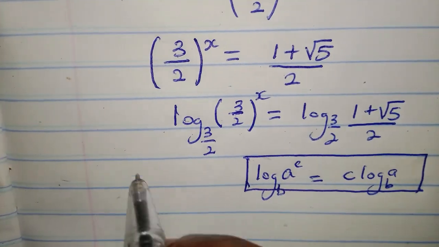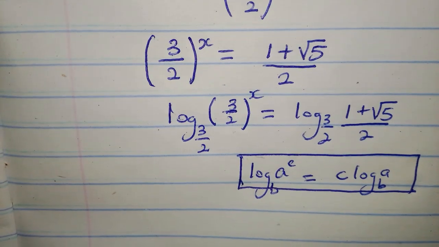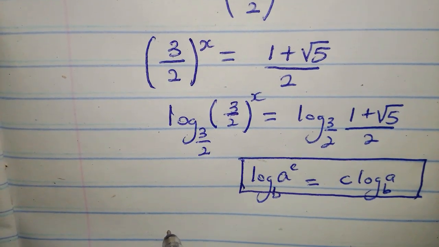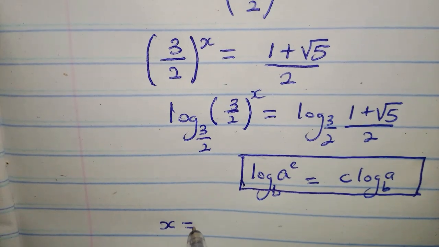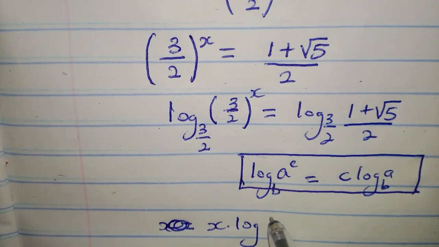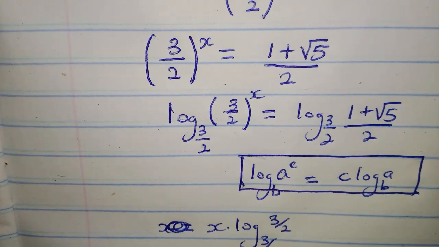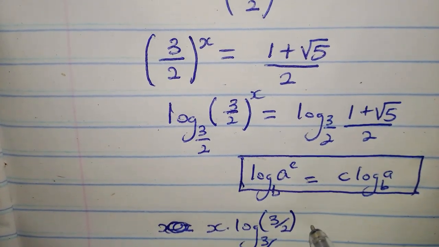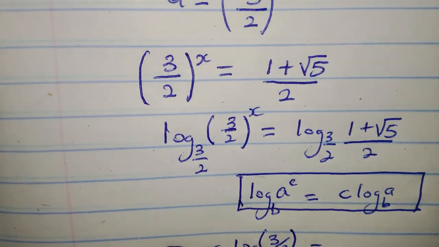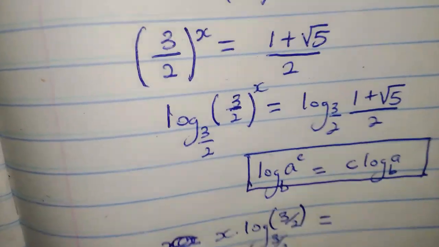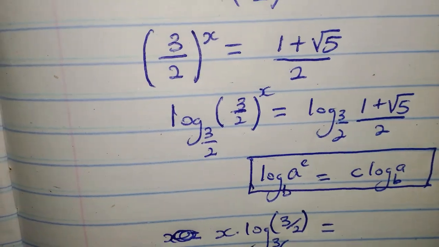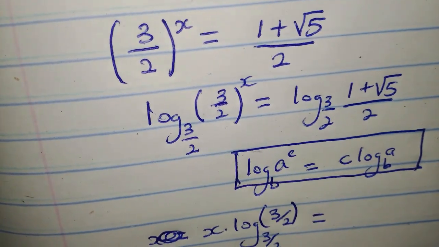So if we put this through, here, this part, we'll simply have our x times log of 3 divided by 2 to base 3 divided by 2, equals to, so this is what we are now having.